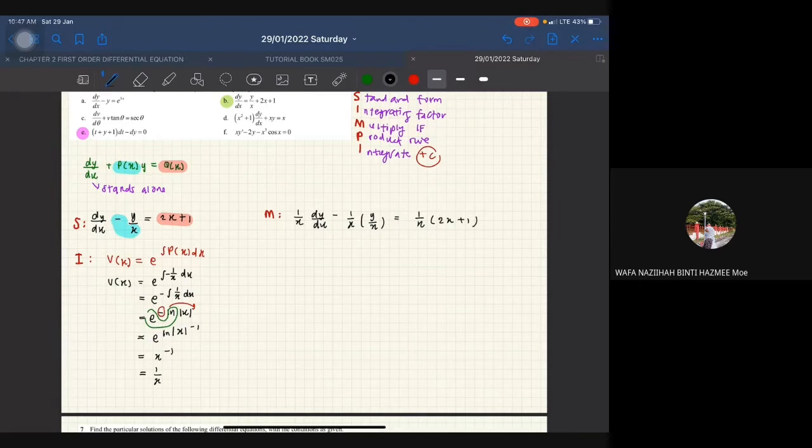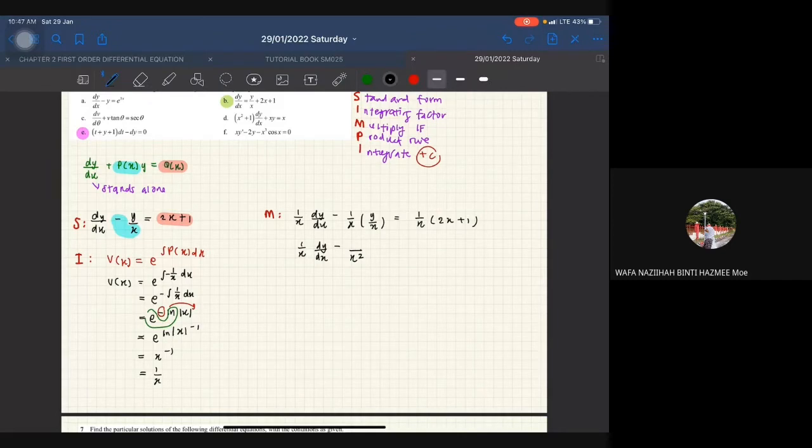Before kita nak tukarkan yang belah kiri ni jadi product rule, saya nak simplify dulu this one. So x kat sini dengan x dekat sini, it can be joined together. So you get 1 over x square dekat situ. So 1 over x dy/dx is equal to, sorry, not equal, minus y over x square. Saya nak bagi dia nampak.